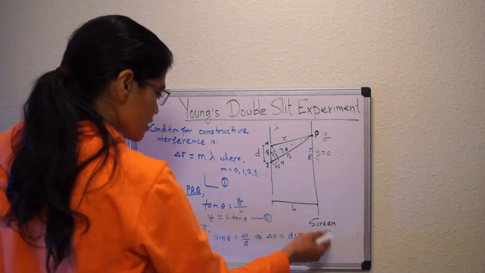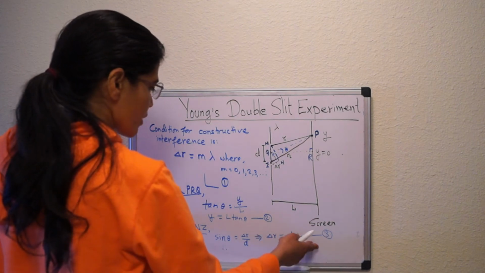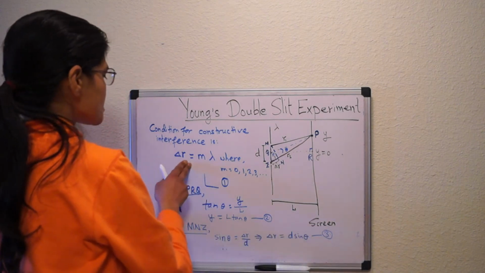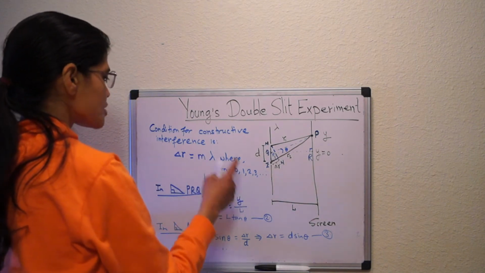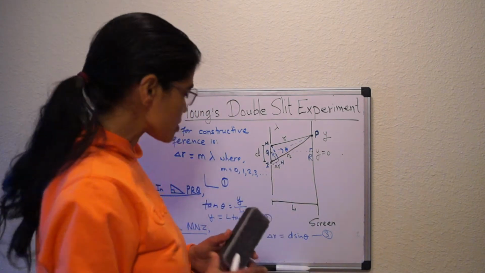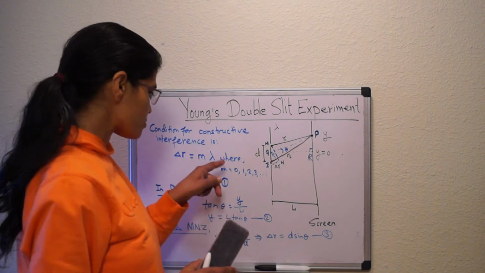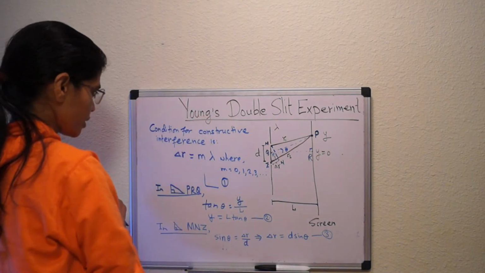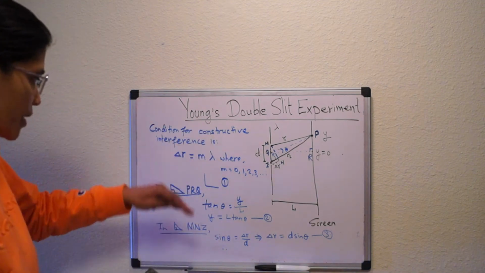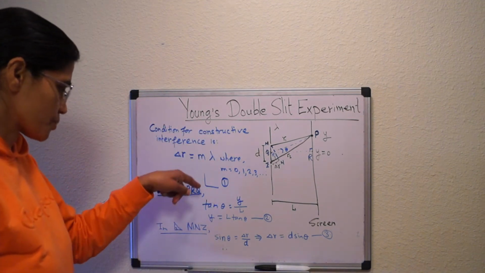This equation gives us the path difference in terms of angle theta, and the other equation gives us the path difference in terms of the wavelength. But both are talking about the same path difference, so we must be able to equate those two equations. I'm going to erase this part here, so please take a moment to finish copying some of this, and then I'm going to erase it.